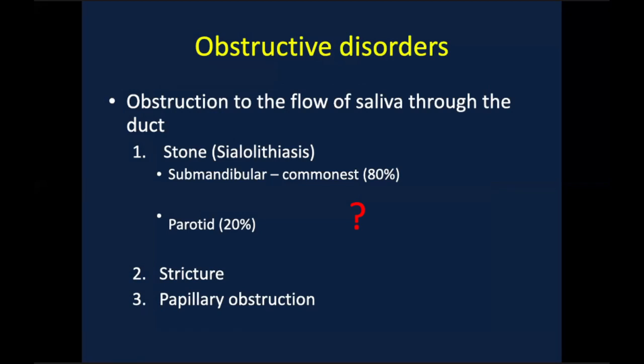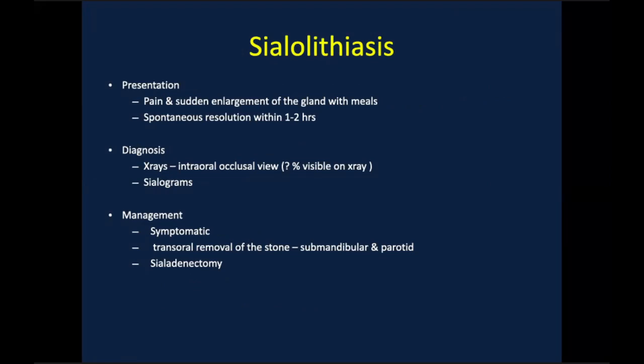So sialolithiasis is the commonest cause. If you talk a little more about sialolithiasis, as you can work out, when you have a stone in a major salivary gland, the submandibular for example, what happens when you eat is, with meals there is secretion of saliva, right?